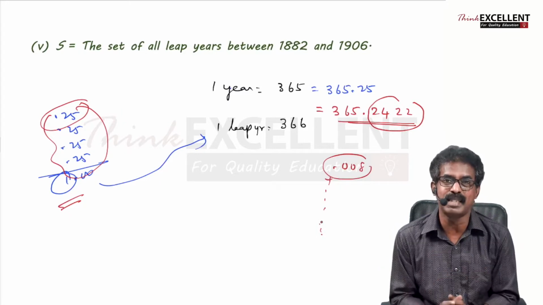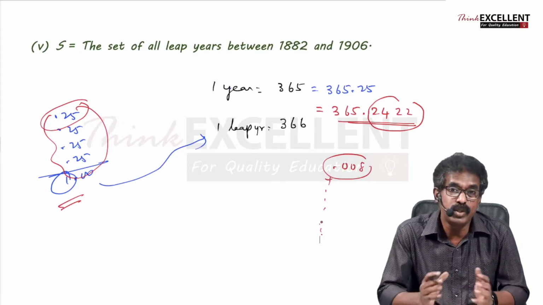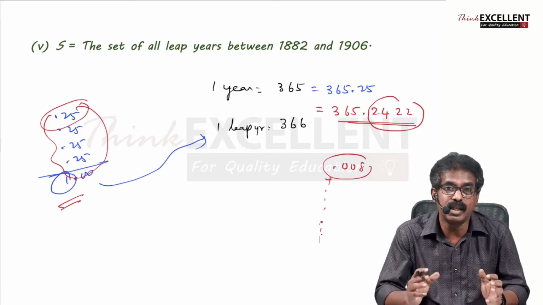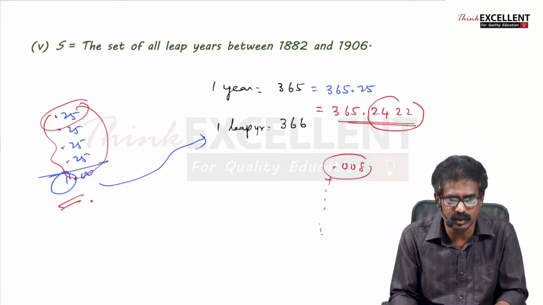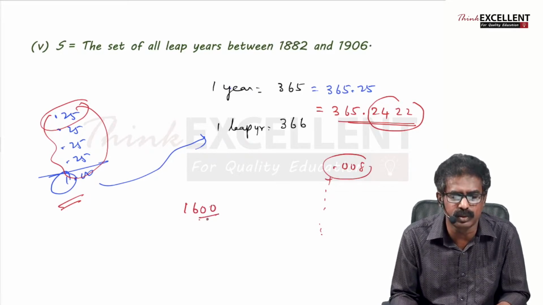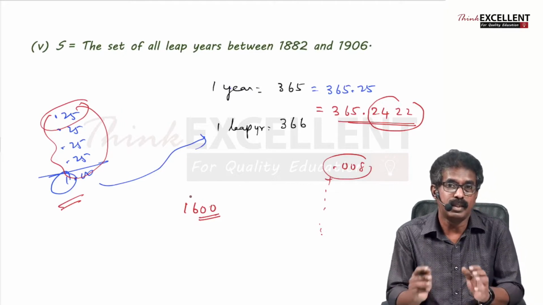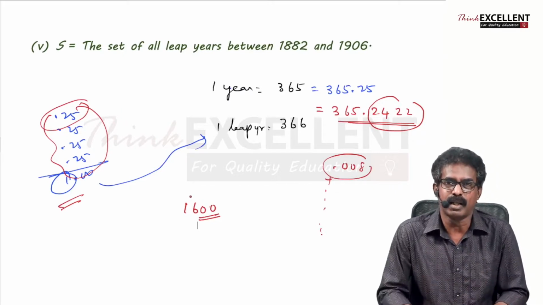So to minimize that error, what we do is, century years, that is the years ending with 2 zeros, like 1600. For these years, we decide whether to take it as a leap year or not.